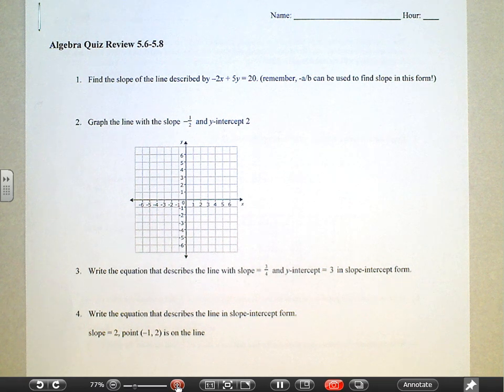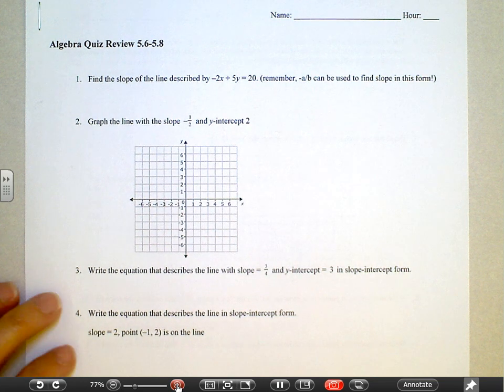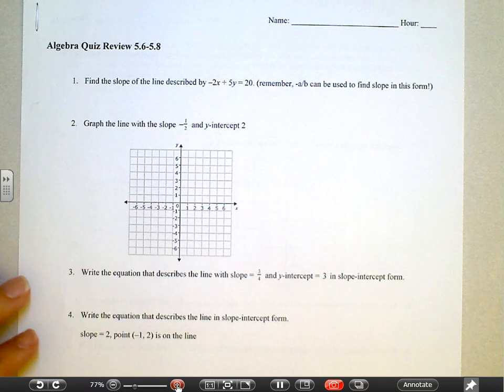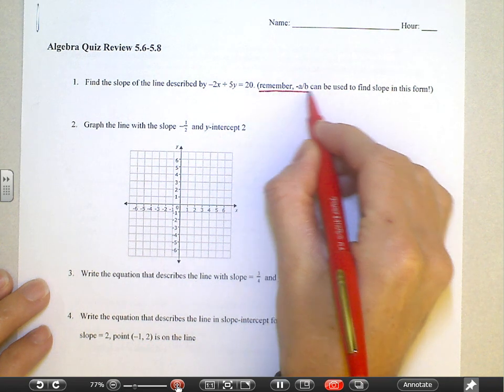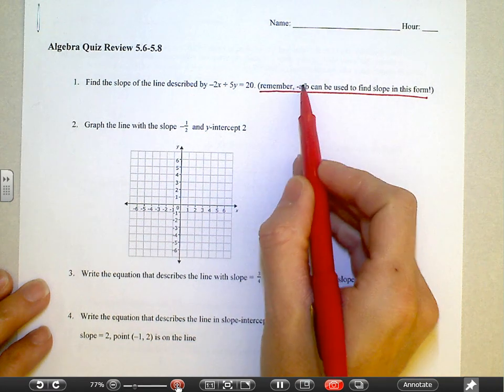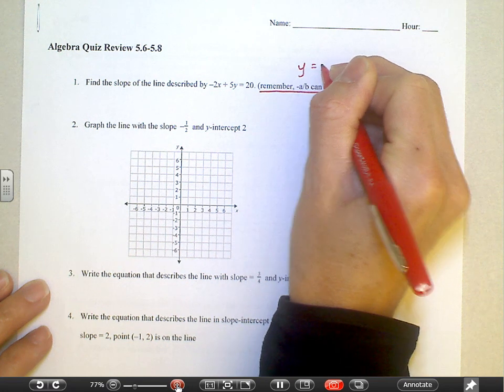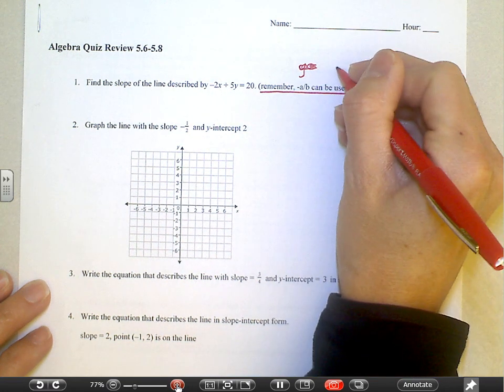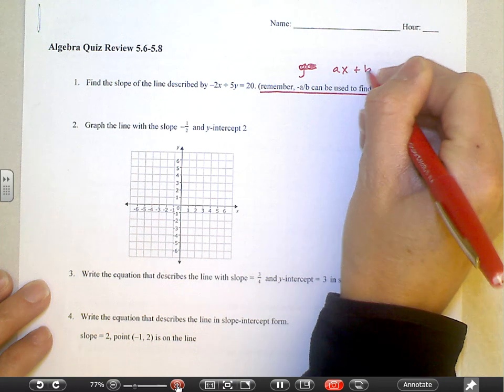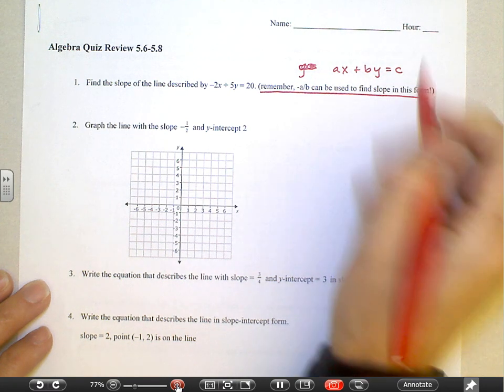All right, so number one, find the slope of the line described by -2x plus 5y equals 20. Remember that -a over b can be used to find slope in standard form, ax plus by equals c.